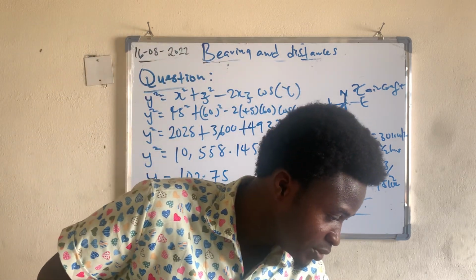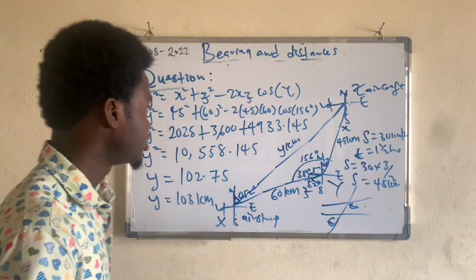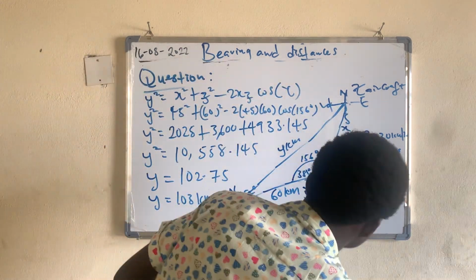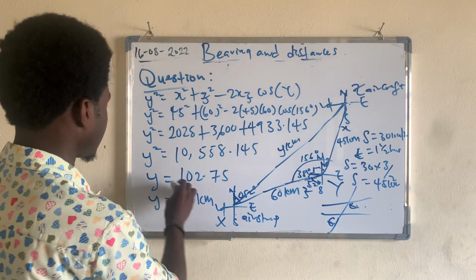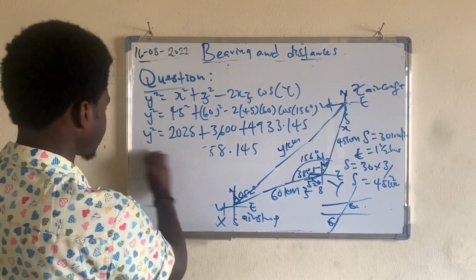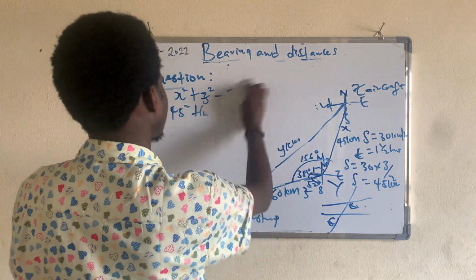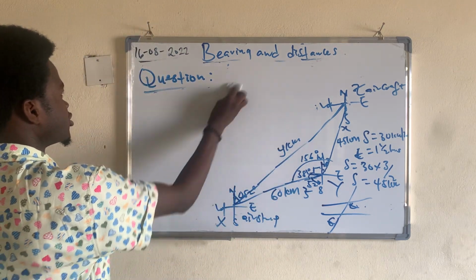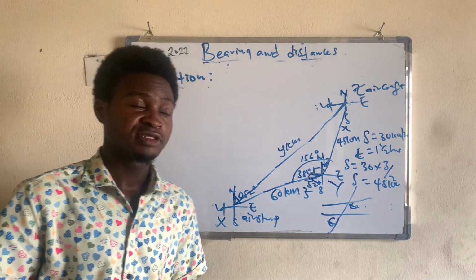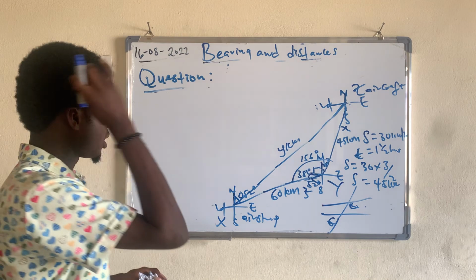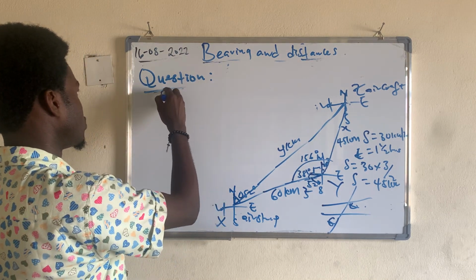Now we obtain the bearing according to question B. So to get the bearing, we just rub off this and I take that as well. So to obtain our bearing, since the triangle is not a right angle triangle, we make use of our sine rule.